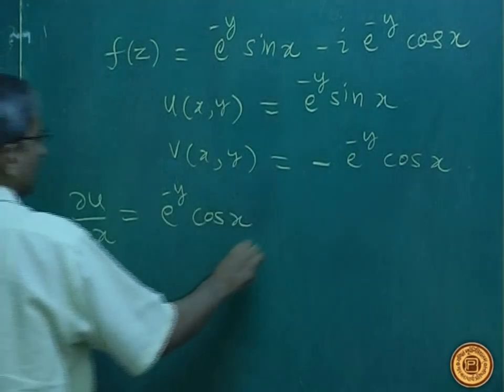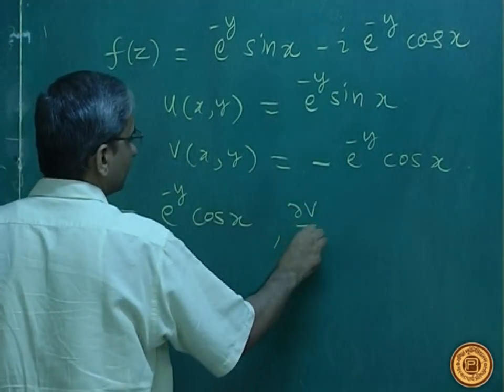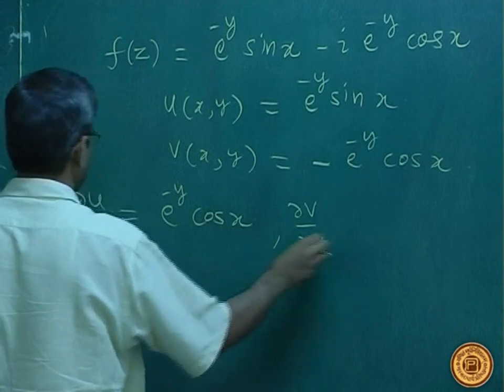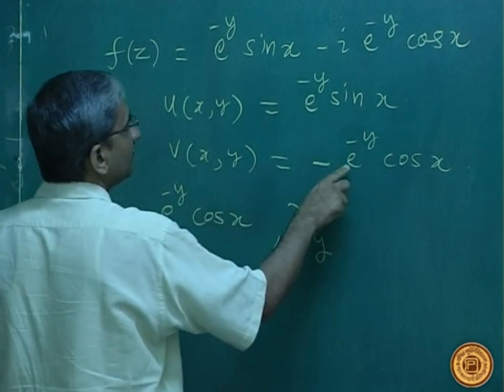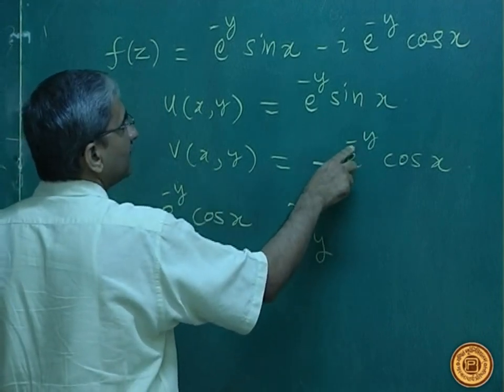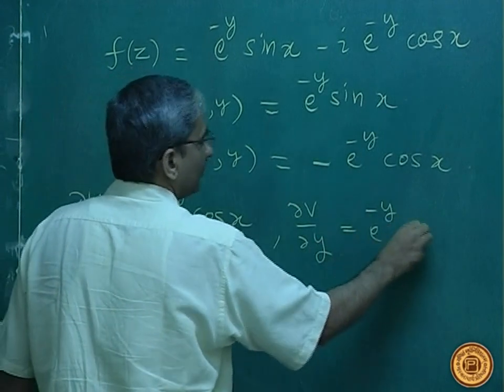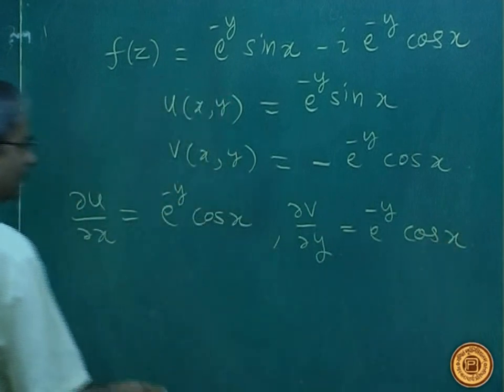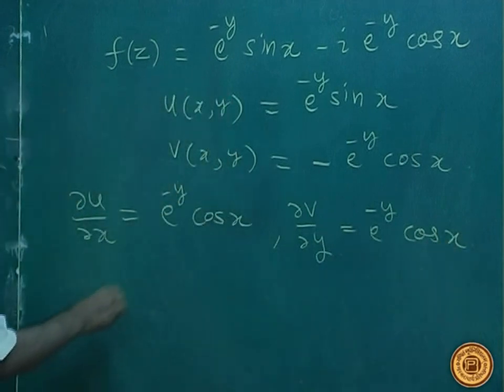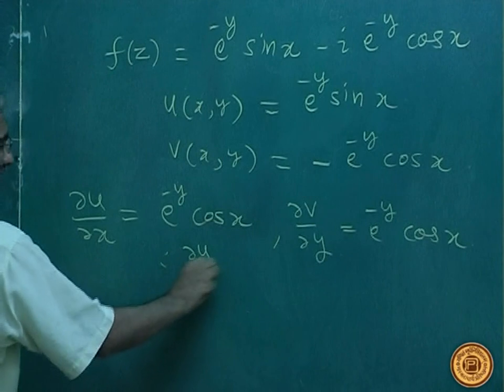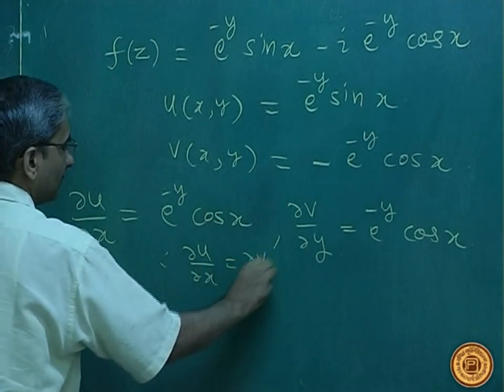And what is del v by del y? This is v, so with respect to y this will become plus, so e raised to minus y cos x. Clear? So del u by del x equals del v by del y.